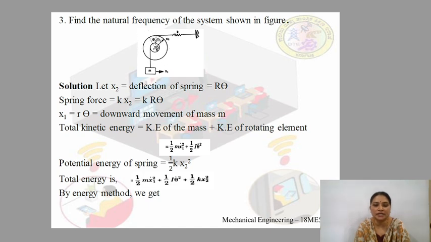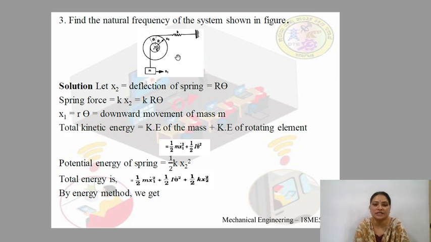There are two pulleys and the mass is tied to the inner pulley of radius r, and the outer pulley has a radius of capital R, and the spring is made to roll over the outer pulley. The spring has a stiffness of K and the angular displacement of the pulley is theta.